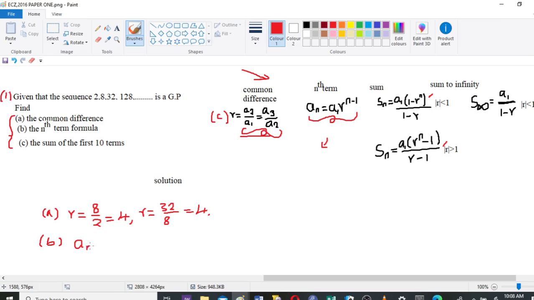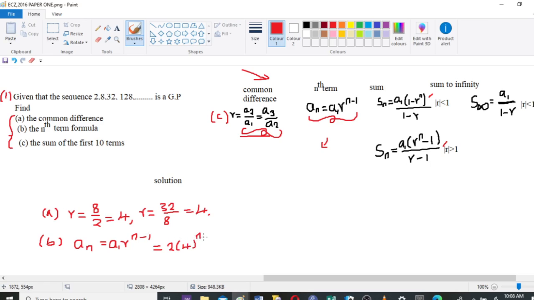The Nth term formula is equal to the first term in the sequence, which is 2 in this case, times R, our common difference, to the power n minus 1. Now substituting, A1 is 2 and R is 4, to the power n minus 1.